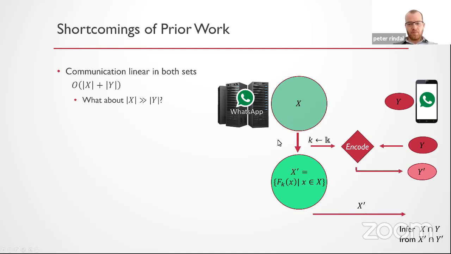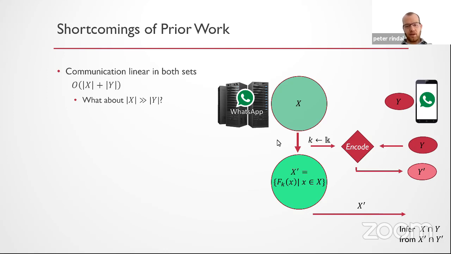First, one party, in this case the WhatsApp servers, will sample a key, K, and then they'll run some fancy cryptographic encoding protocol, where the other party inputs their set Y. And in return, they get an encoded version of all the elements in Y under that key K. How exactly this encoding works differs, but this is basically it.